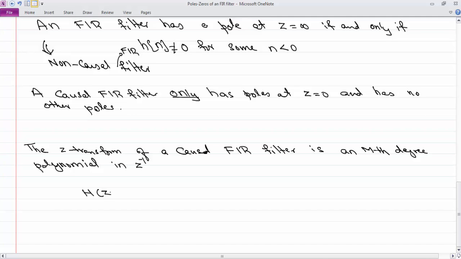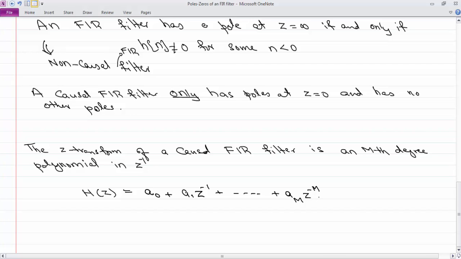So you will have H(z) equals a0 plus a1 z to the minus 1, it will keep on going, plus am z to the minus m.